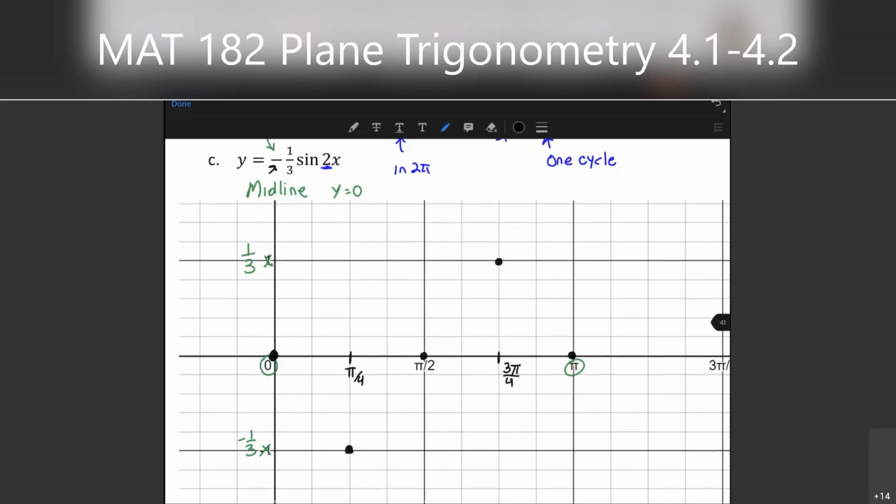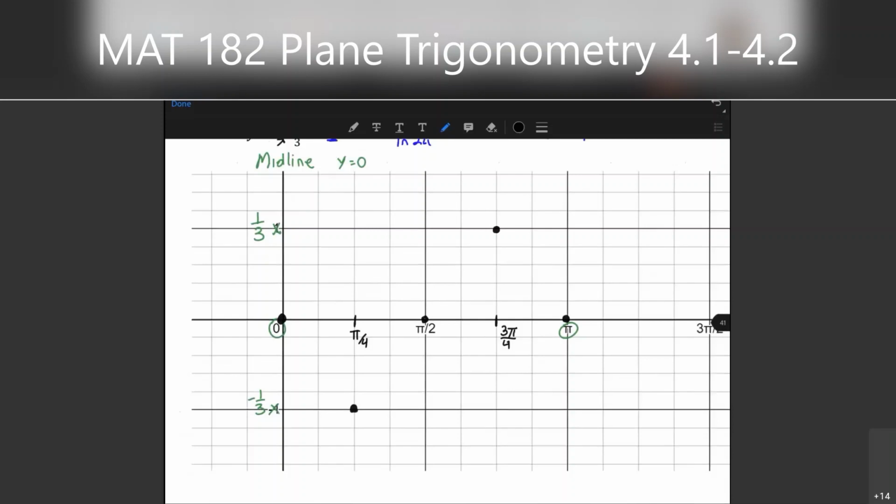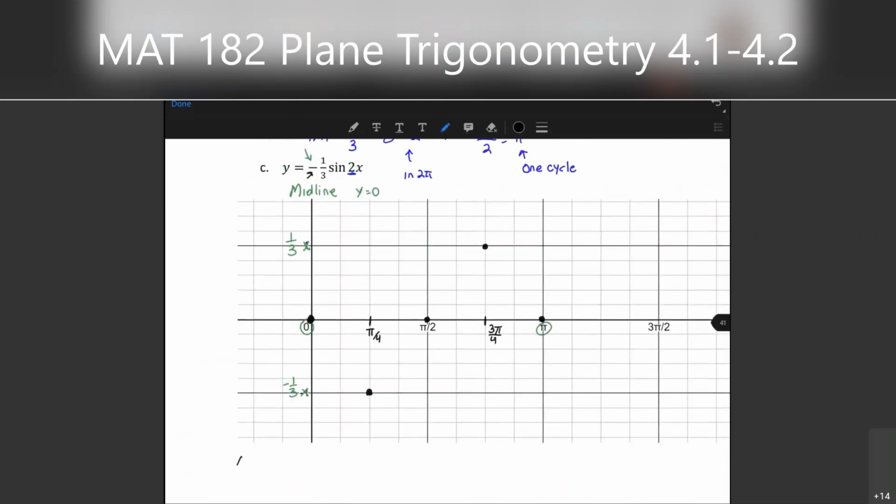Now, just to confirm that point for us, let's just say when x is equal to pi over 4 here, let's confirm that in the equation. And again, the pattern takes over from there, but we do want to confirm maybe that first point.